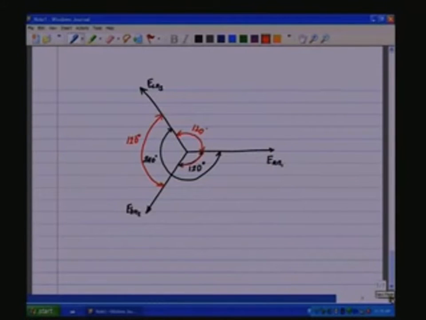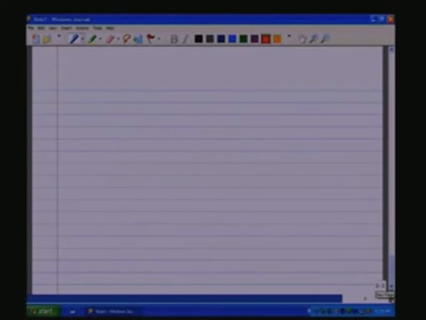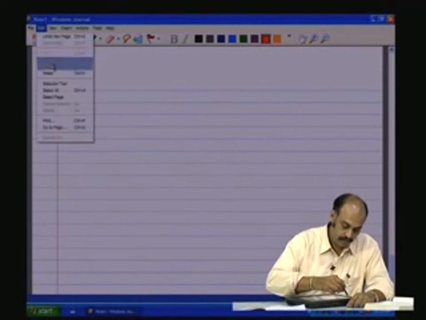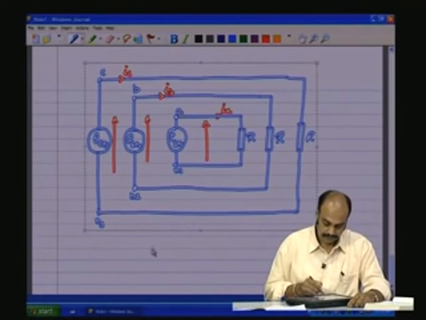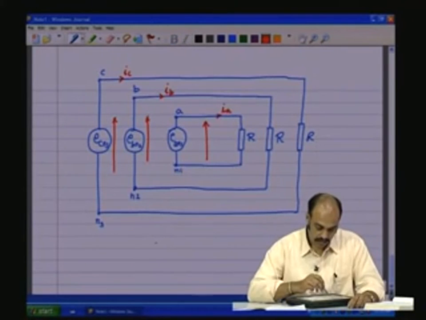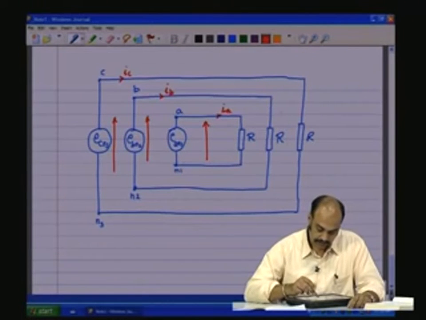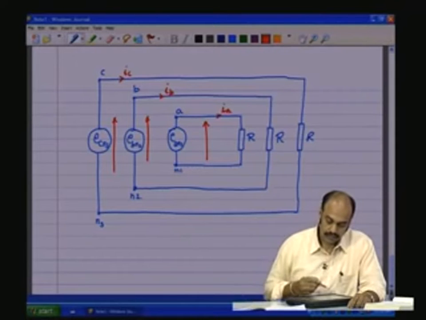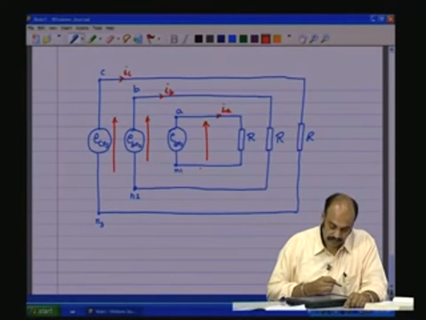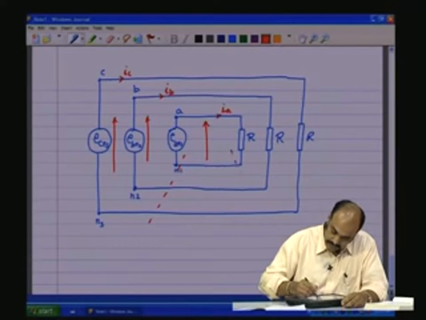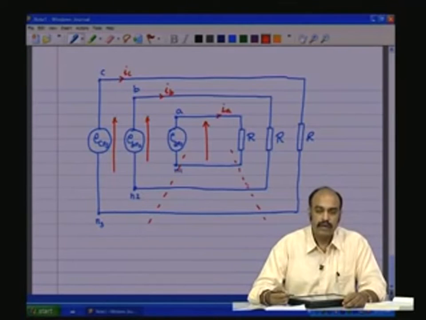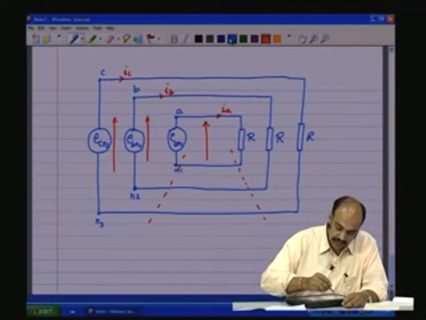So, now we can make some conclusions here. Now, all the return paths of all these things can be clubbed together, because there is nothing in this, no other component which comes, just plain wires, conductors.